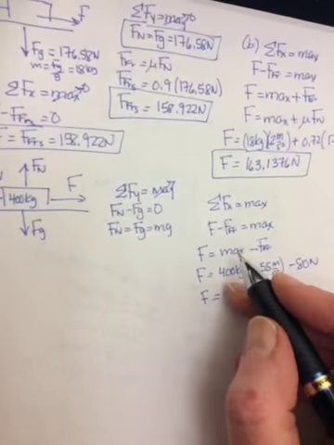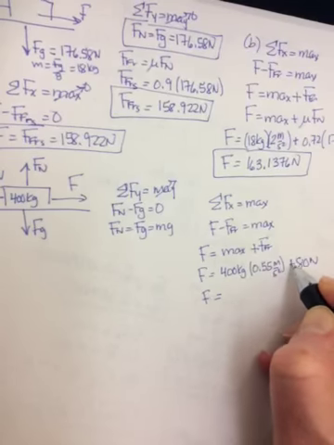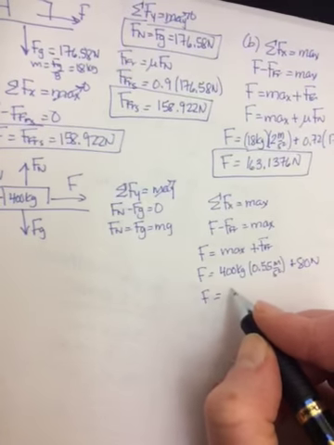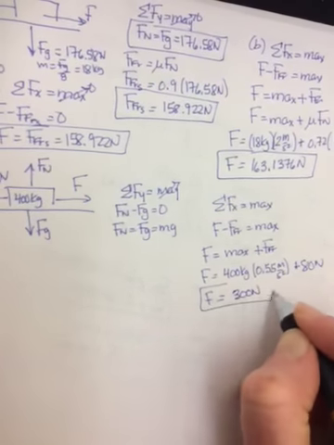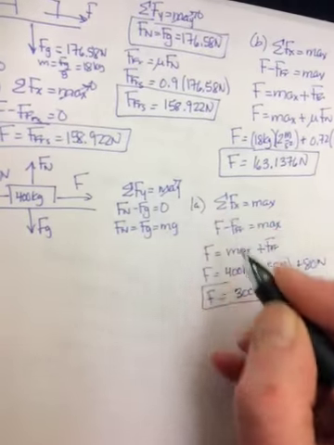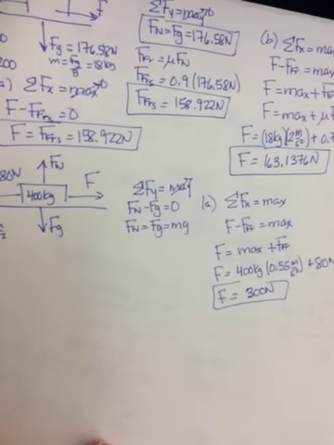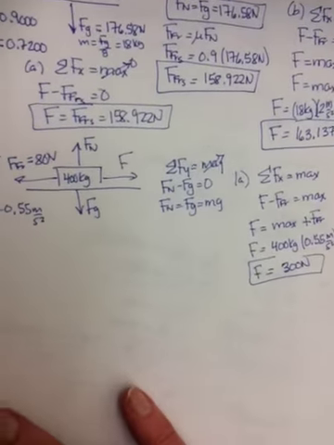Oh, wait, oh, it's plus when you take it over. So 220 plus 80 should be 300 newtons. That is part A.